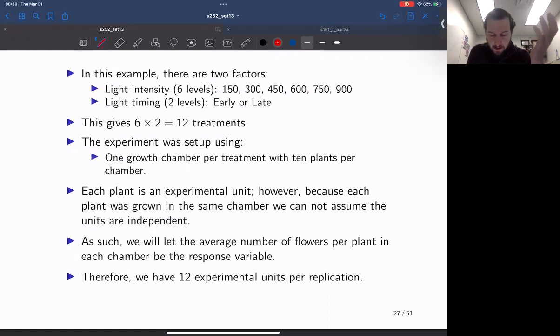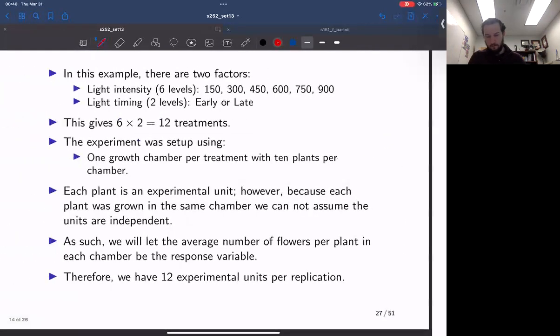Okay. In each chamber, for each treatment, there's 10 total plants. So we are going to take the average number of flowers across all of the plants as our response variable. And then we're going to fit a regression model to see if we can predict the number of flowers that grow based off of these two variables. All right.